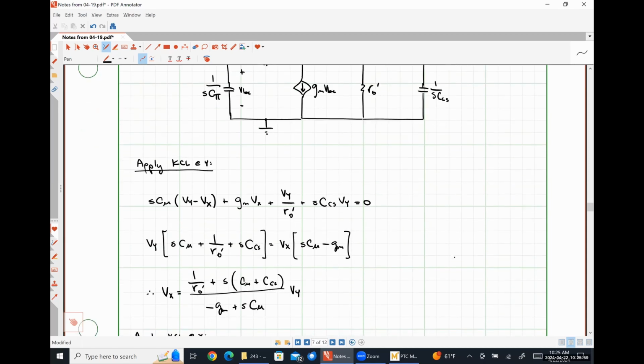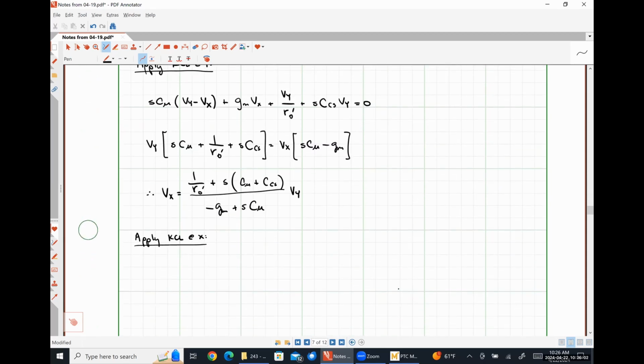So just using good old Ohm's law to express all of those currents in terms of our nodal voltages, we wind up getting S C mu times Vx minus Vy plus Vx minus Vthev over R sig prime plus S C pi Vx is equal to 0.